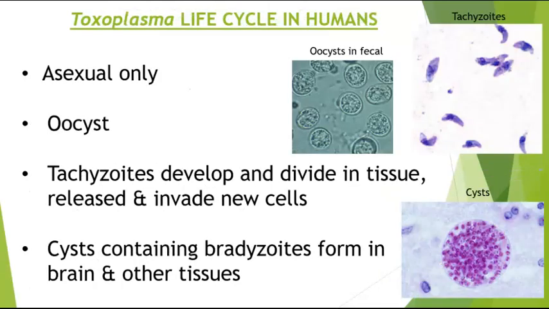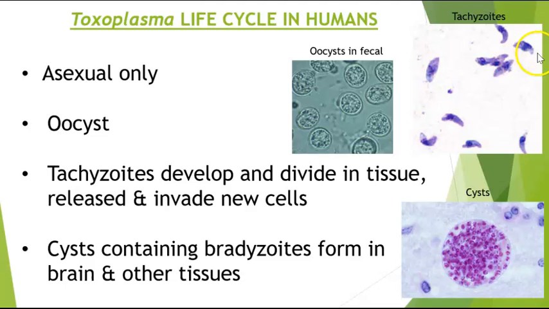As far as the life cycle for Toxoplasma in humans, it's asexual reproduction only. The oocyst, you can see what they look like, would be passed in the feces right here. There's a stage called tachyzoites that develop and divide in the tissue, and they're able to be released and invade new cells.